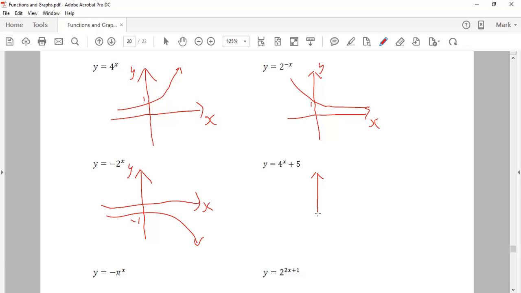So instead of cutting at 1, it's going to cut at 6. And that means that at y equals 5, it's going to act as an asymptote. So it will never go past 5.